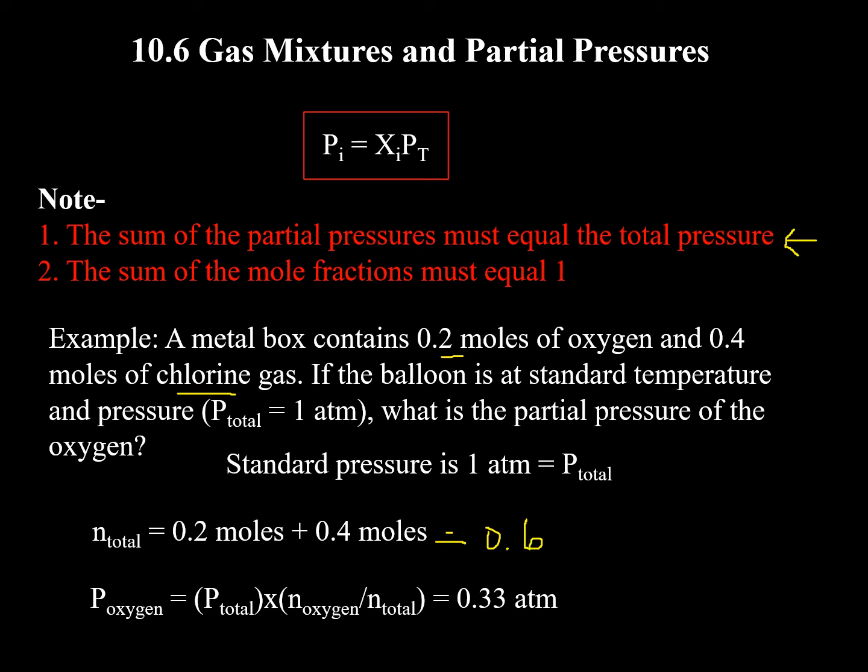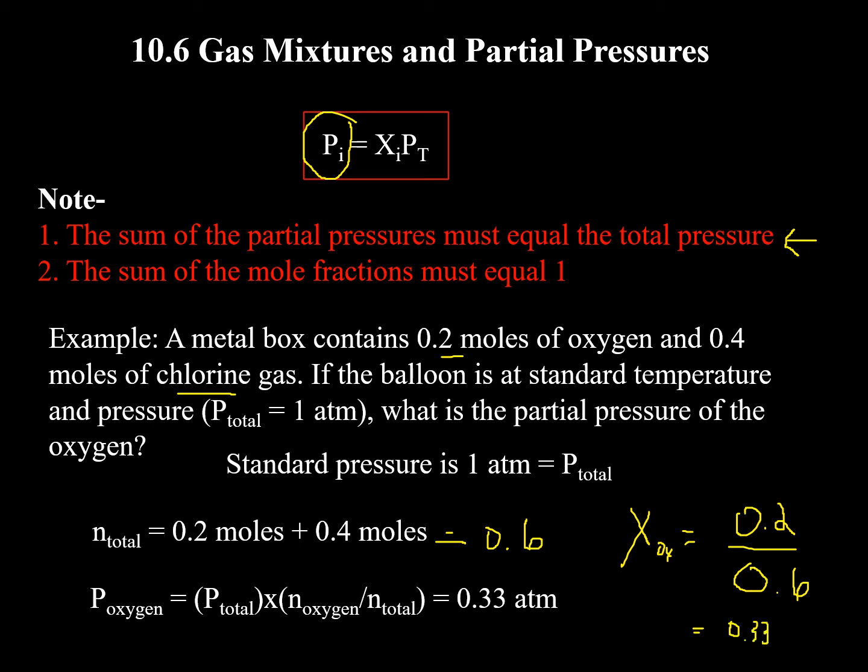If we want to find the partial pressure of oxygen, it's the mole fraction of oxygen. So the mole fraction of oxygen is equal to 0.2 divided by 0.6, which is equal to 0.33.